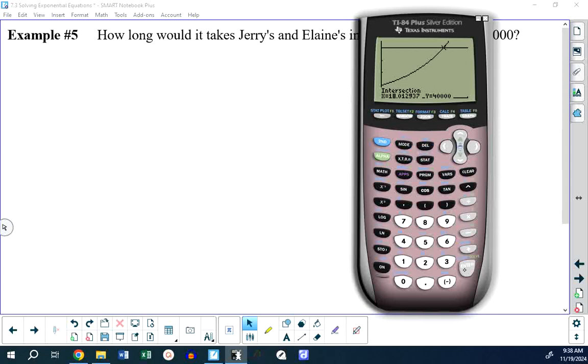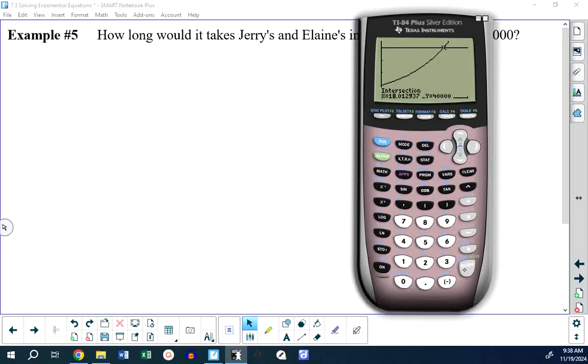What is the answer to the question? It's not 18 years. It's 19. Because the fact that that's more than 18 tells you that at 18 he has not reached 40,000 yet. Now, he will never actually have 40,000.